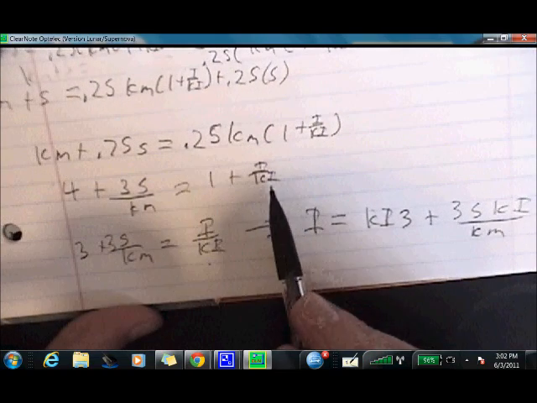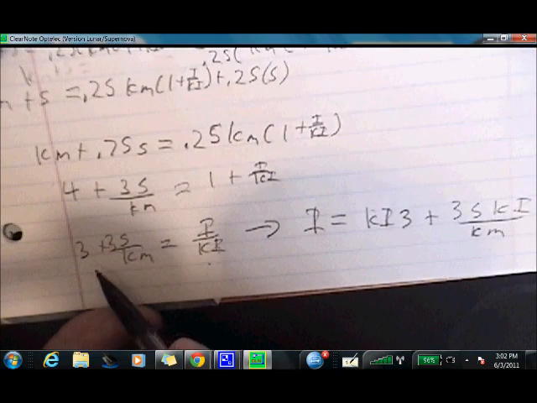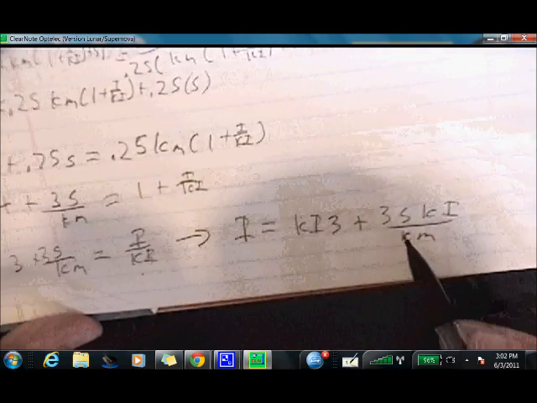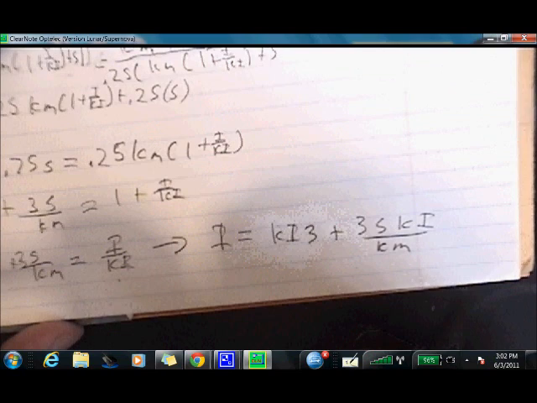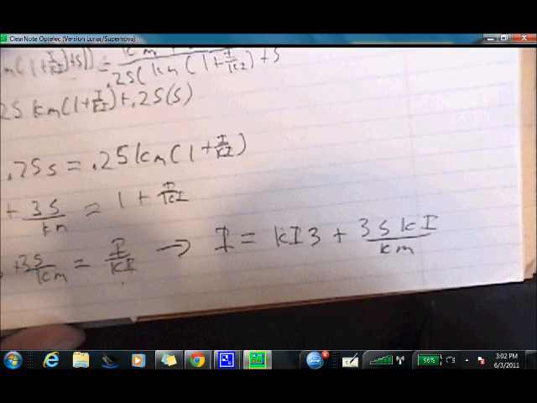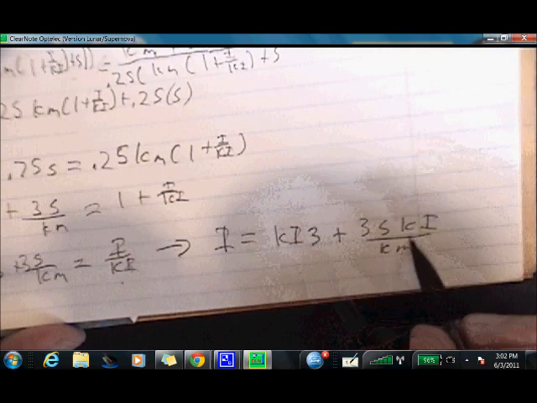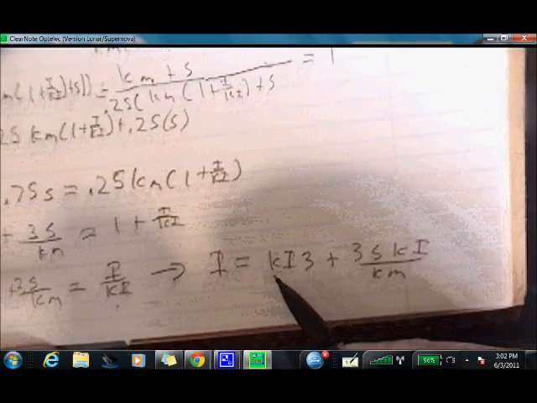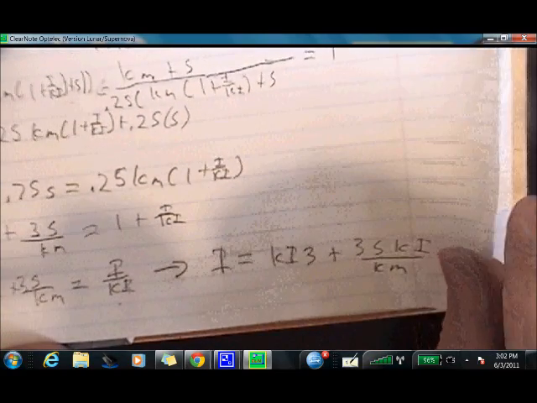So what I did is I subtracted 1. I got 3 plus 3S over Km equals I over Ki, and then I multiplied by Ki. And that's what I get. So we have all these values, we don't have I. So I'm going to pause this video, plug in these numbers, and let you know what I is.